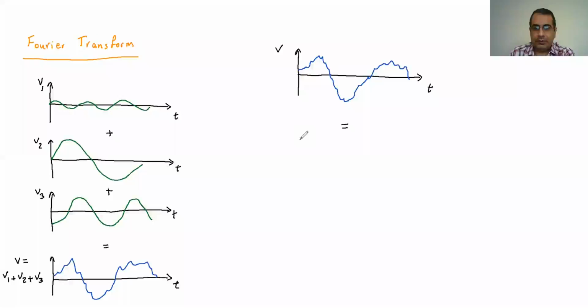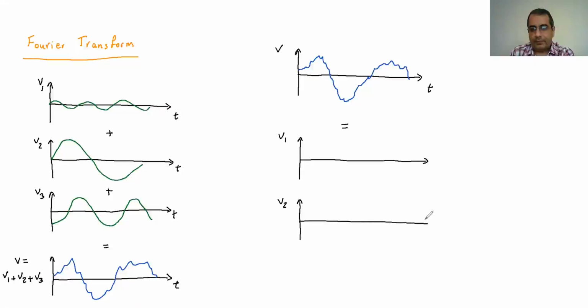So I say, okay, I'm going to break it into three sinusoidal waves, V1, V2, and V3, in a way that if I add these three, with this axis again being time, it's going to give me the original one.